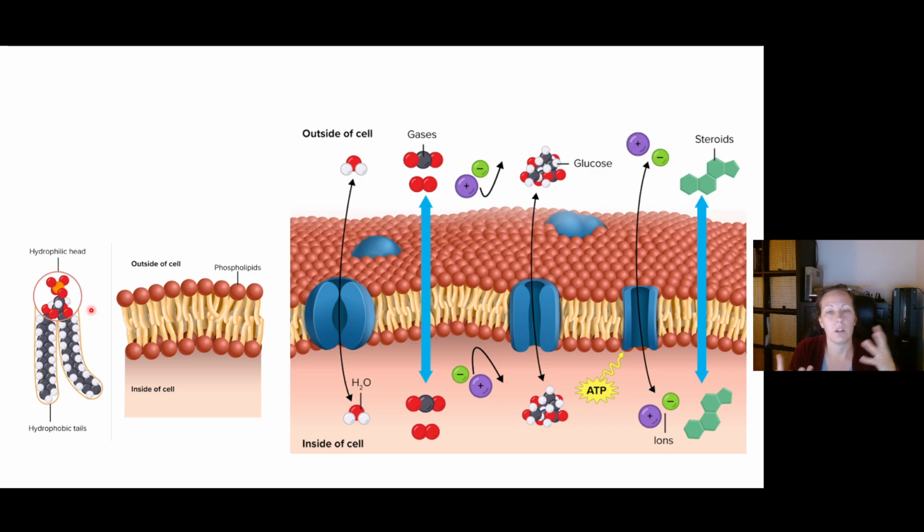Inside the cell, there is the cytosol, which is composed mainly of water, and outside of the cell, it's also going to be an aqueous environment. Okay, and the hydrophobic parts will face towards each other.